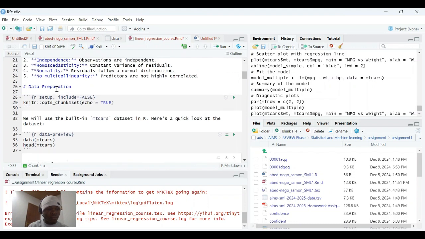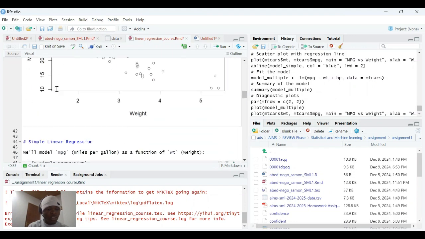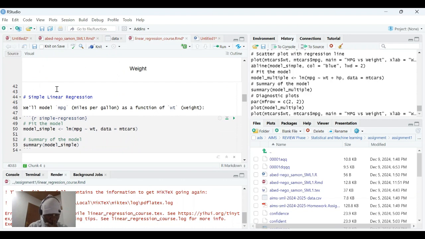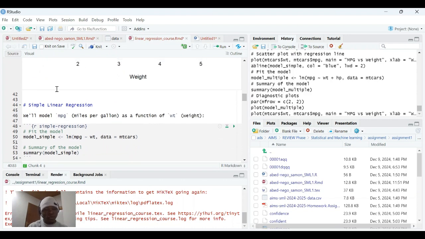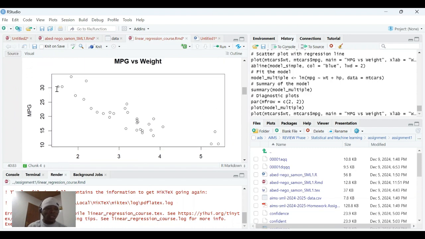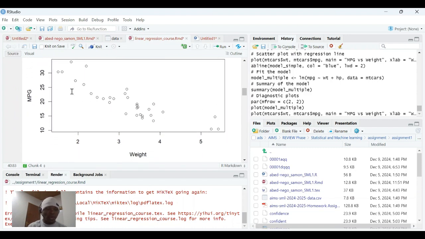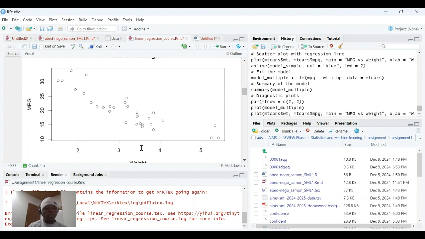I just plot the mpg as a function of weight. So then you can see mpg as a function of weight. You can see that we have such a kind of linear relation.